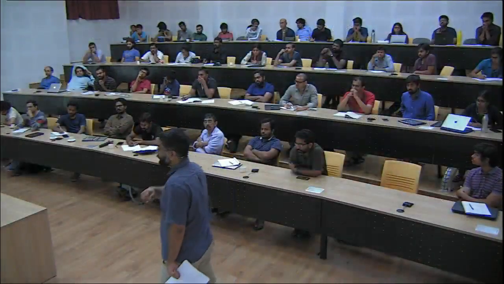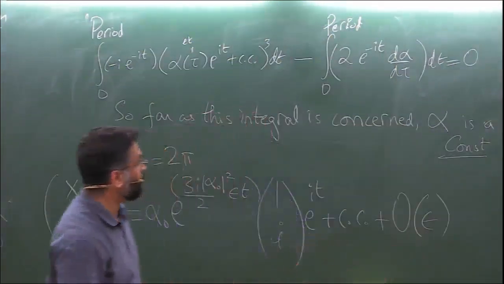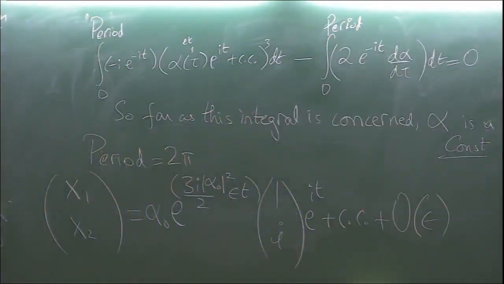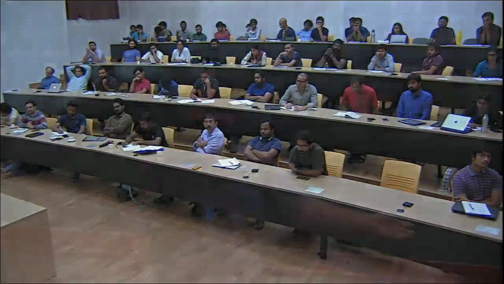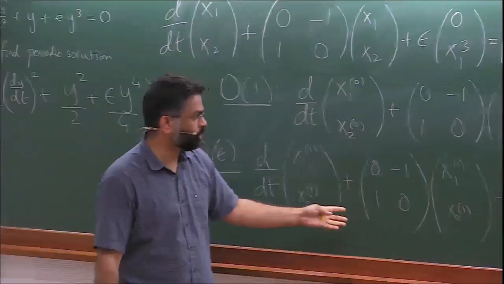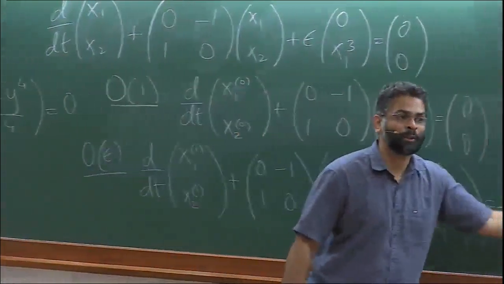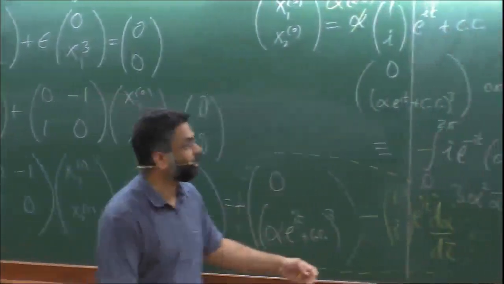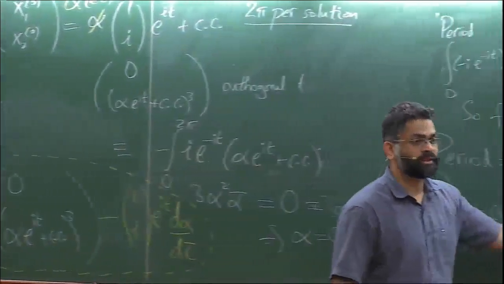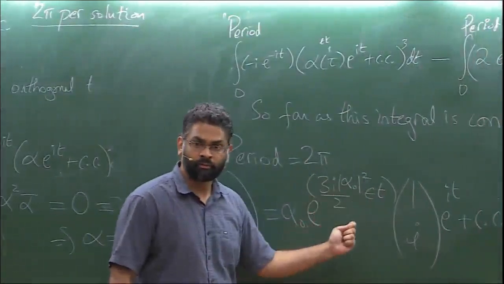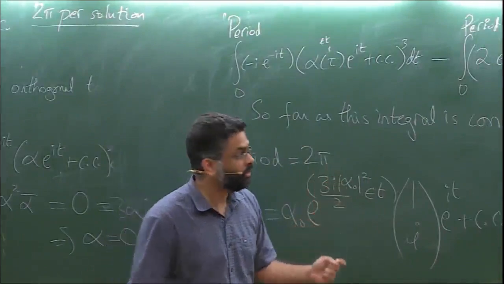Okay? Now, if I wanted to compute what this correction was, I could now go back to this equation and solve for x1,1 and x2,1, if I wanted to. And I encourage you to do that. You will get a particular solution which will depend on this type of an exponential plus a homogeneous solution.